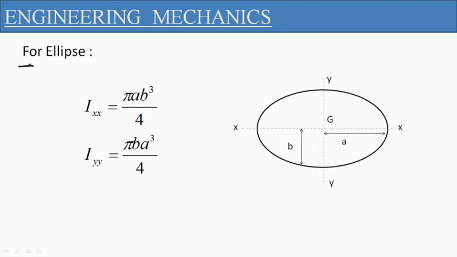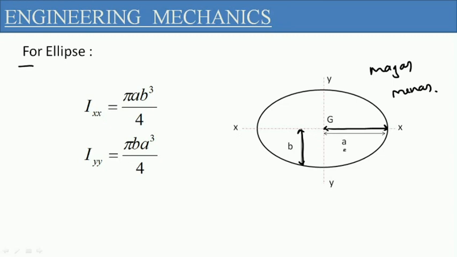Now next is ellipse. As we know, in ellipse we consider two axes. One is the major axis and another is the minor axis. So accordingly we will define the dimensions. Here we are considering the major dimension as A, which is along the x-axis, and the minor dimension as B, which is along the y-axis.